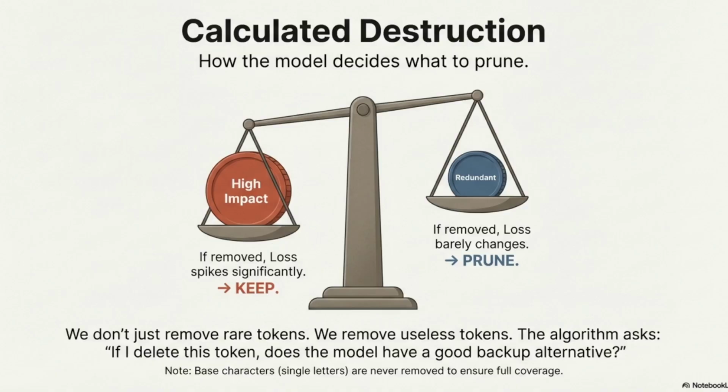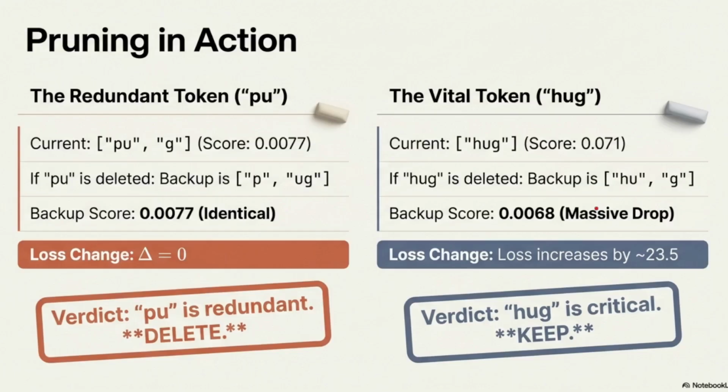Because this is computationally costly, we don't remove one at a time. We typically remove the top 10% or 20% of symbols that have the lowest impact on loss in each round. However, we strictly never remove the base characters, ensuring we can always build any unknown word.